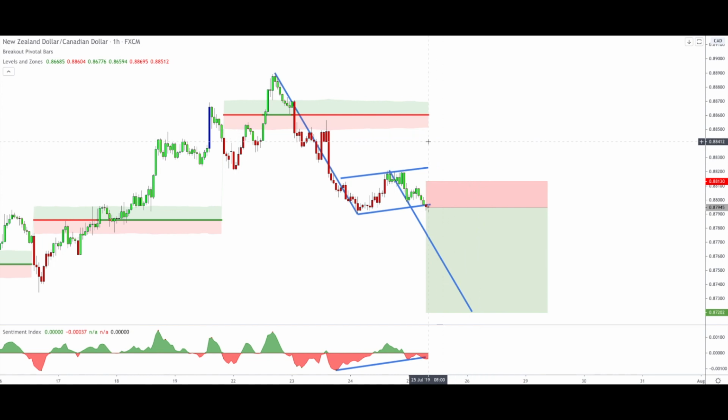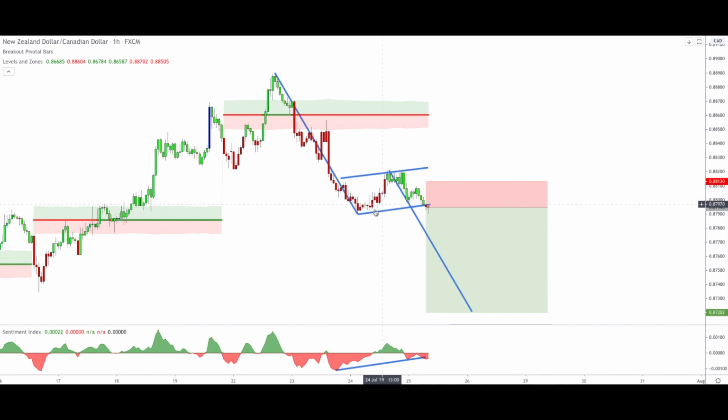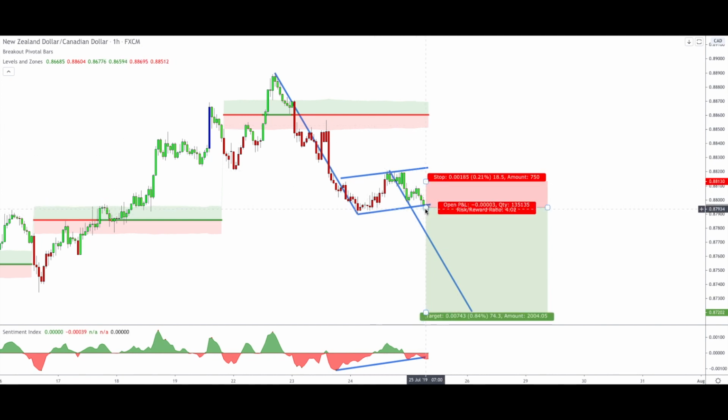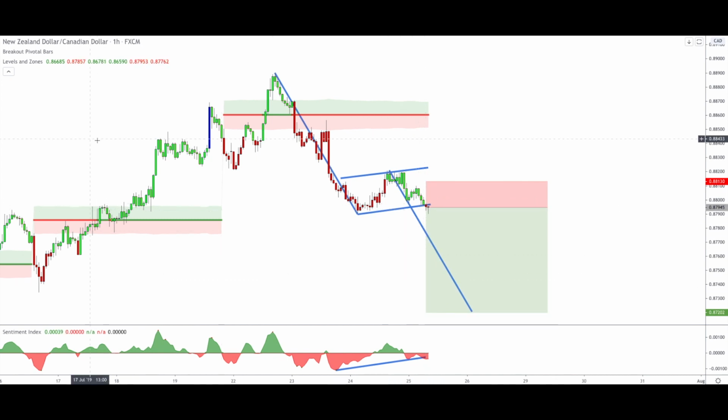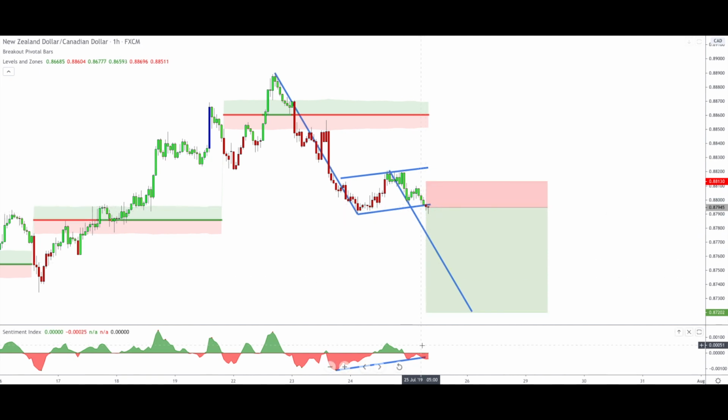Why did I enter the trade? Well, as I was explaining before, first of all, because I had a breakdown on this consolidation with the red candle. The second point is that the sentiment index broke down as well on the same candle. On the same candle on which the price broke down, we also got the bearish sentiment index, the one in red, breaking down.